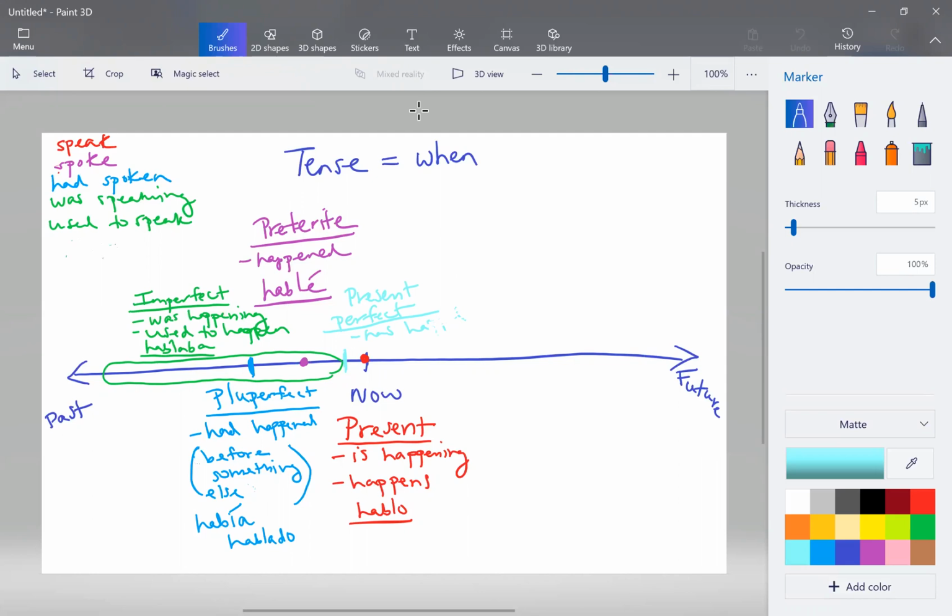Once again, before something else. So has happened before right now, basically. Has happened already. And that would look like he hablado. Have spoken.